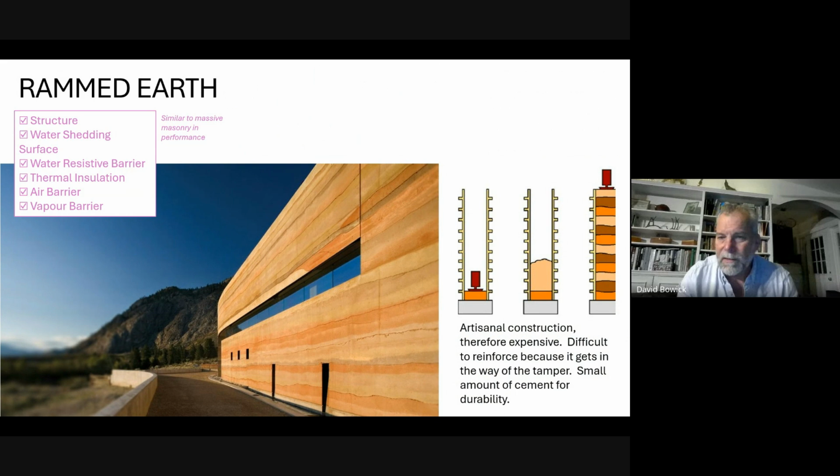It's an artisanal construction. It's very difficult to reinforce. The diagram on the back shows how it's built. You set up two forms, you pour in a layer of the earth mixture, you ram it and compact it, often with hydraulic rams, and then you do the next layer.